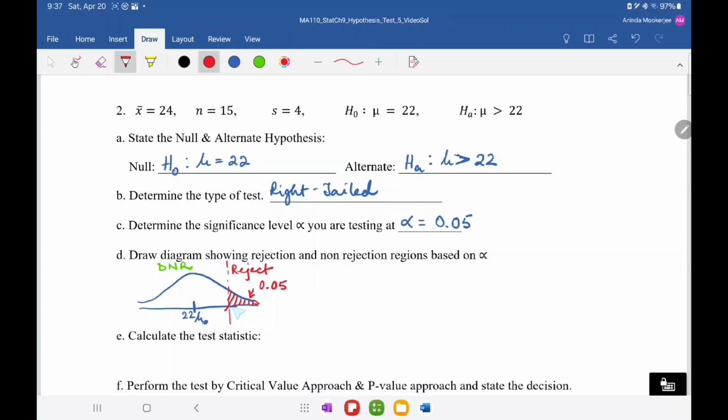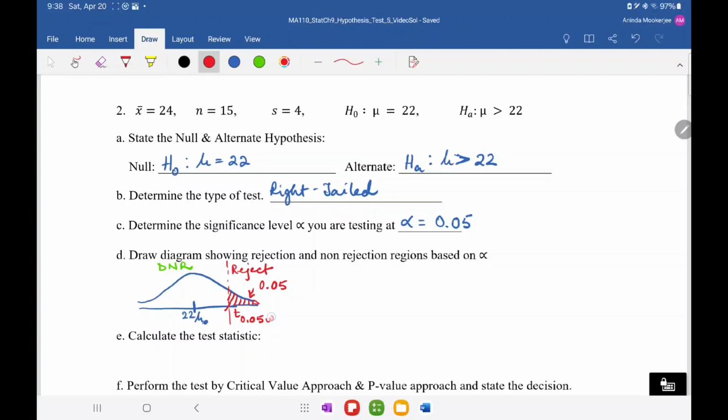We will need to find the critical value, that is the cutoff between the reject and the DNR regions. Again, keep in mind that the critical value is going to be a t value this time, not a z value. So it's going to be t of 0.05. It's on the right hand side, so it's going to be a positive t value, but the t values always come with a df, or degrees of freedom.